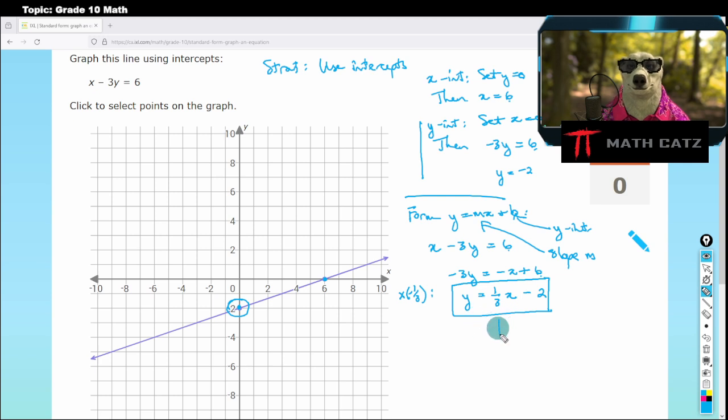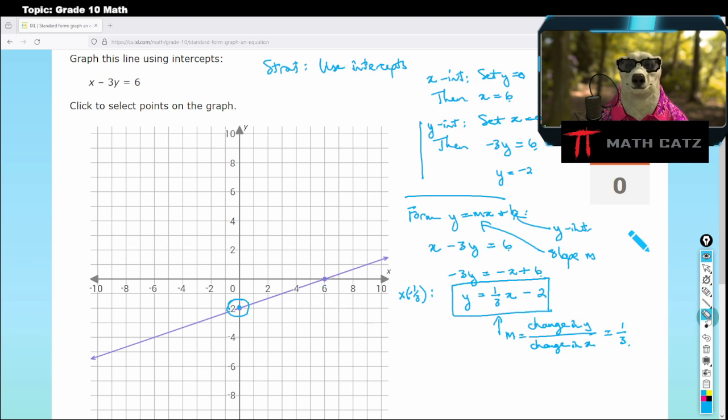The slope, how do I interpret the slope? Well, remember, the slope m is the change in y over the change in x. So that is a 1:3 ratio. So let's suppose I didn't have this point over here.